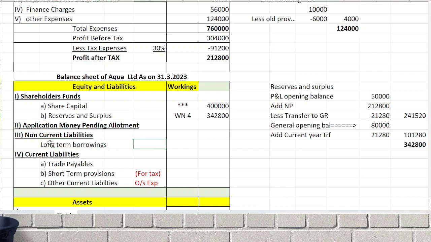The debentures. What is the debentures value? 4 lakhs. Trade payables 1,84,000. Provision for tax.